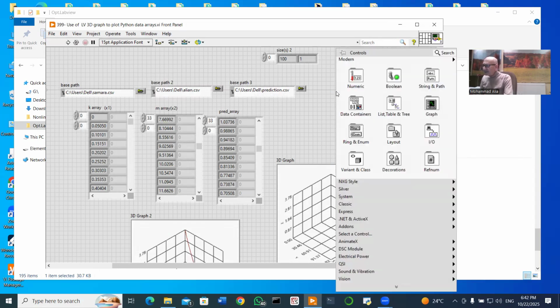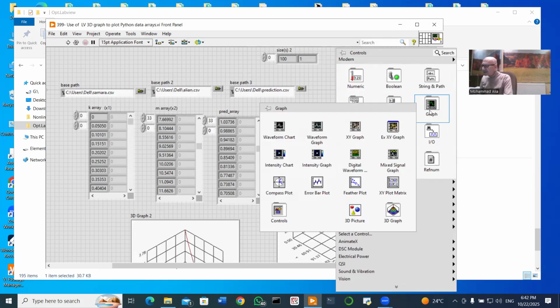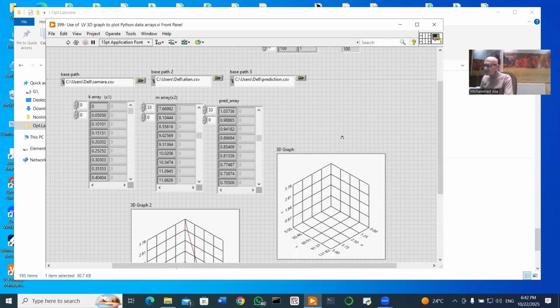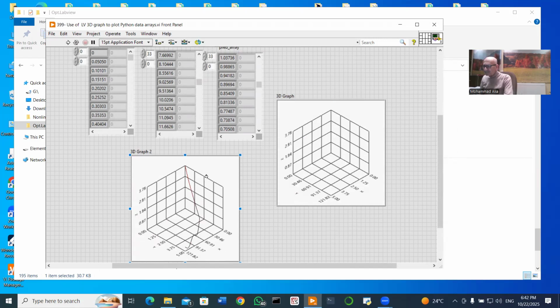So here I right-click on the front panel, as you see. Here is the 3D graph, and here you have options, different types of three-dimensional plots which could be done by LabVIEW. These include the parametric graph or line graph. I have used both of them here.